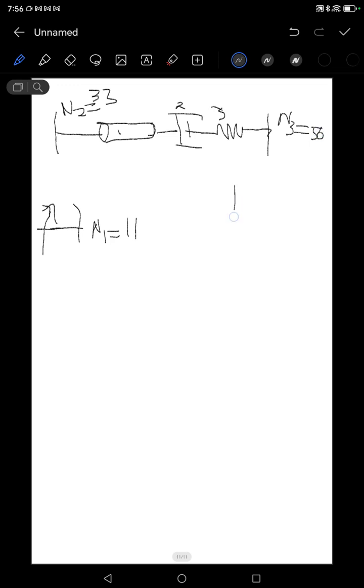Then we have another one here, connected straight to this one, with theta L of T and a damper like this. Then here we have N4. They say N4 equals 40.